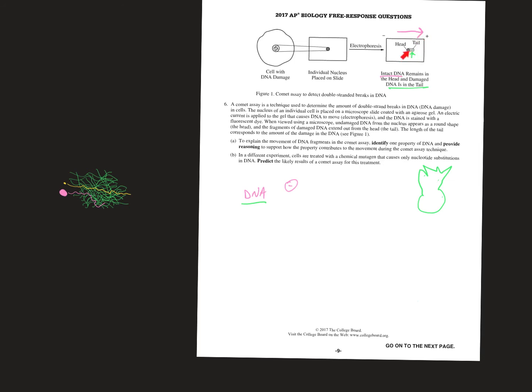As time went on in this electrical field, they would move towards the positive end, so the smaller fragments move along the tail. So those are the two things: the negative charge of the DNA, and the second point. Because they're asking for one property to explain the movement, that's it, you're done.